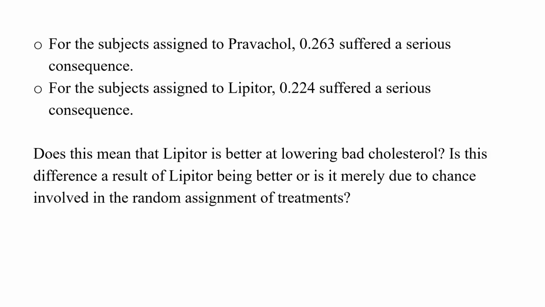What we have to ask ourselves is something that came up in the video before this. Is this difference a result of Lipitor being better, or is it merely due to chance involvement in the random assignment of treatments? That chance involvement in the random assignment of treatments goes back to sampling variability, right?